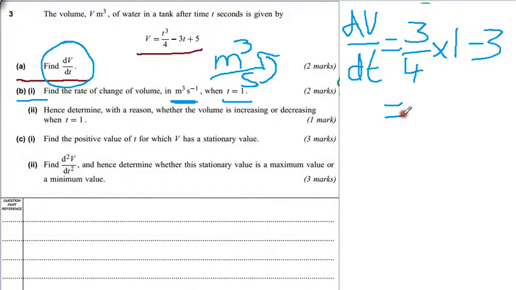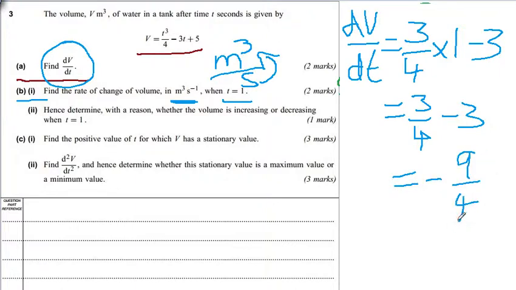Which is simply equal to 3/4 minus 3, which is equal to minus 9/4. And then, terribly important, put the units back in there. Some examiners take marks off for that, so be careful to put that in, meters cubed per second. So that's your answer for the next one.